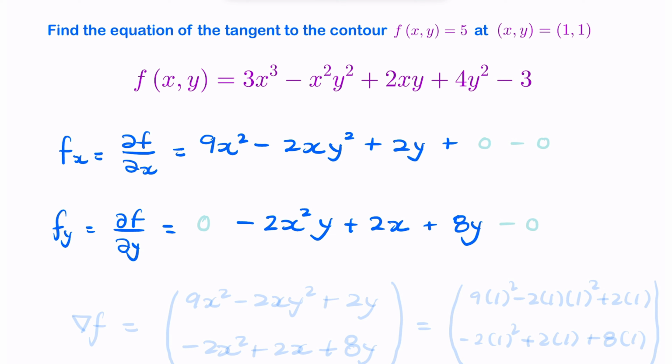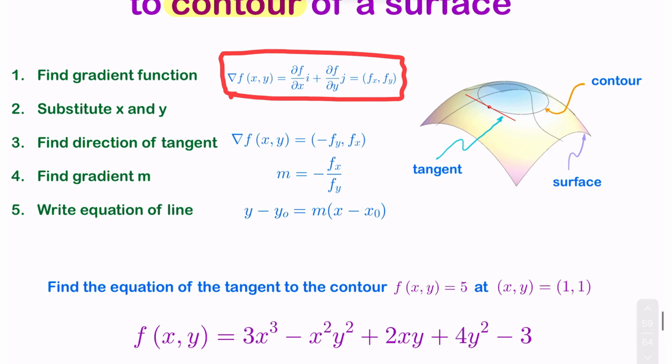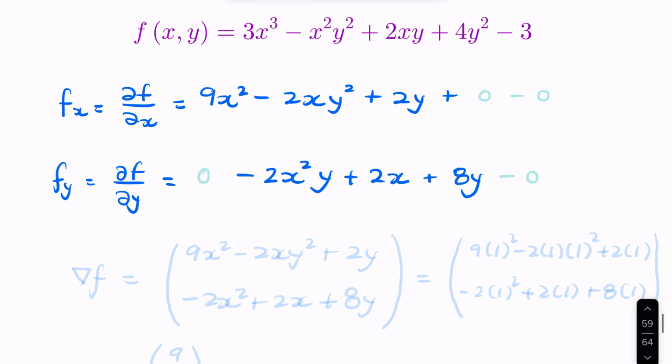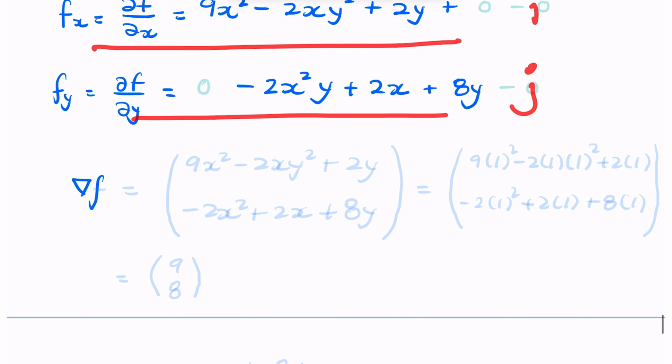So now we have fx and fy. We have our gradient function, which is simply fx, fy, so fx multiplied by i and fy multiplied by j. We can write this like this.